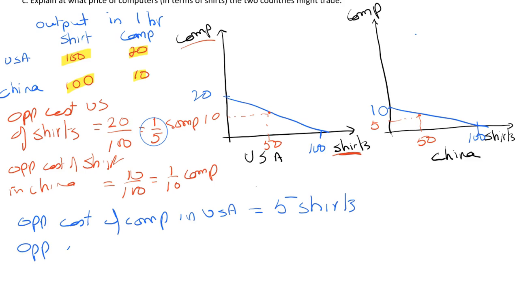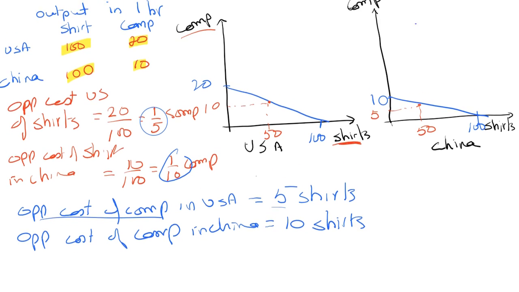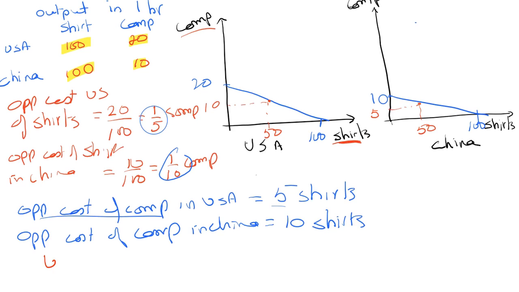Then the opportunity cost of computers in China would be the reciprocal of this, which would be 10 shirts. So these numbers tell us that the US has a lower opportunity cost of computers in terms of shirts given up, 5, and China has a higher opportunity cost. So if you allow for trade, what this implies is that the US has a comparative advantage in the production of computers.